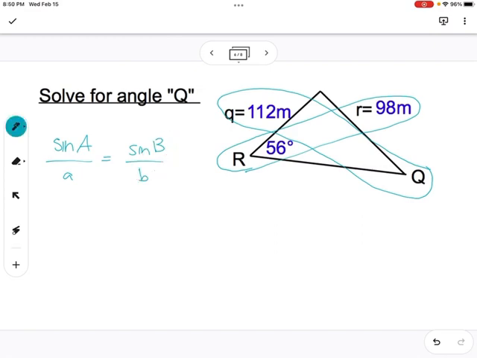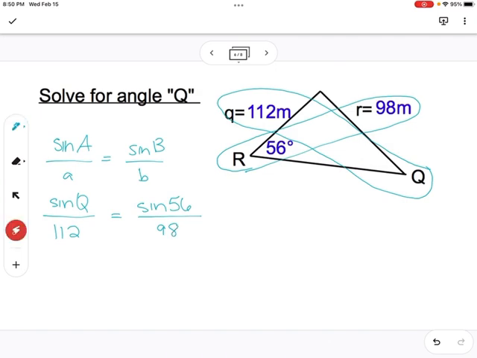So we're solving for angle Q. So I'm going to put sine Q over, and the length of side Q is going to go underneath, which will be 112. And equals sine angle R, which is 56, over side R, which is 98.